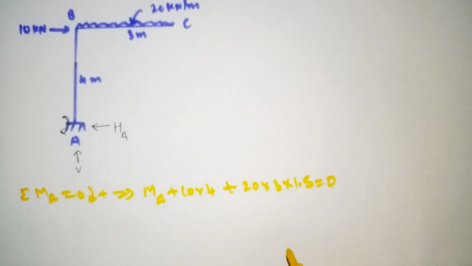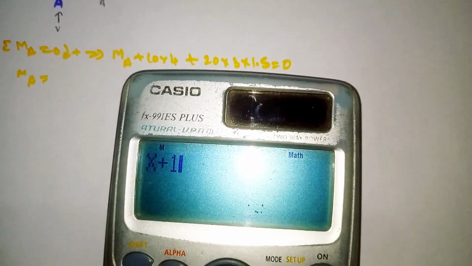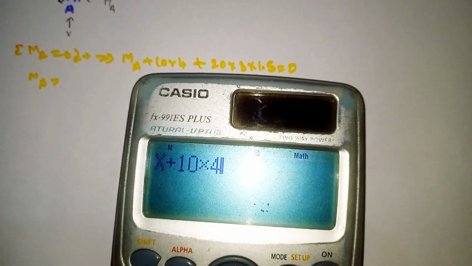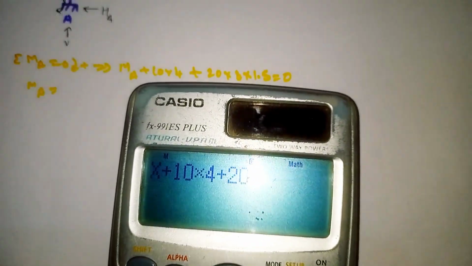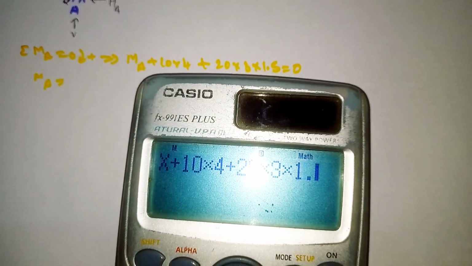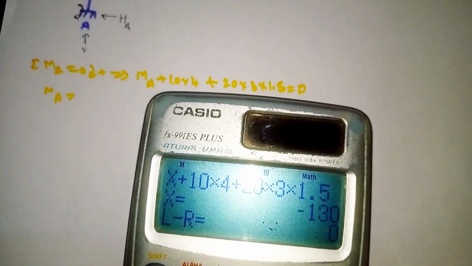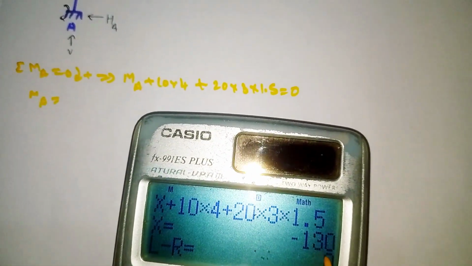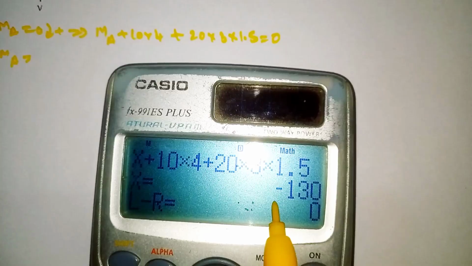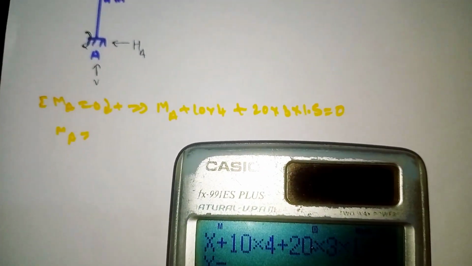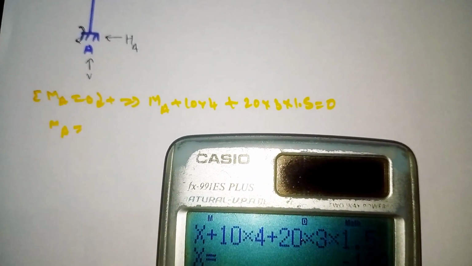Now solve it. MA is nothing but our X plus 10 into 4 plus 20 into 3 into 1.5 is equal to 0. So our X value will come out as minus 130. So here minus sign indicates what? Whatever the direction we have taken is opposite to this.